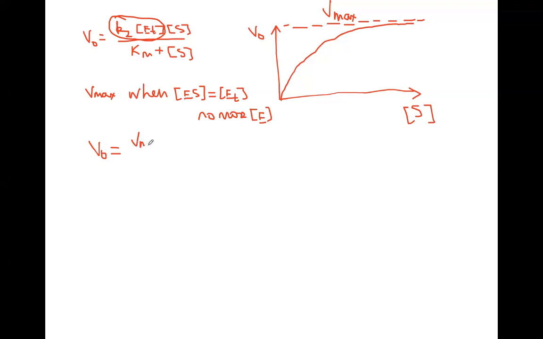So we put the Vmax here: Vmax times the concentration of the substrate over the Michaelis constant plus the concentration of the substrate. All right, so finally we achieved the expression we were aiming for. This is known as the Michaelis-Menten equation.